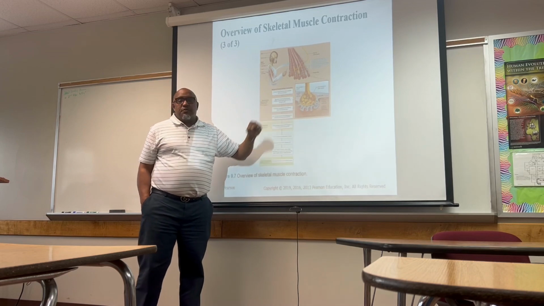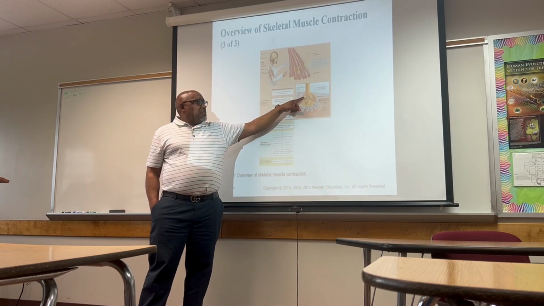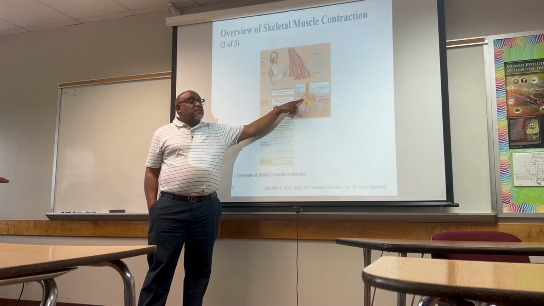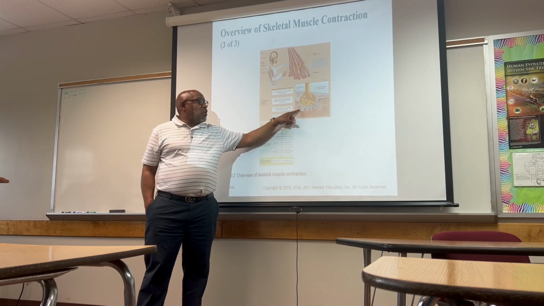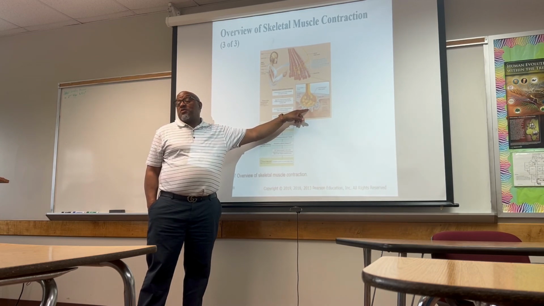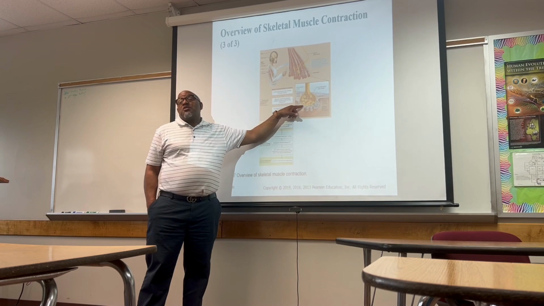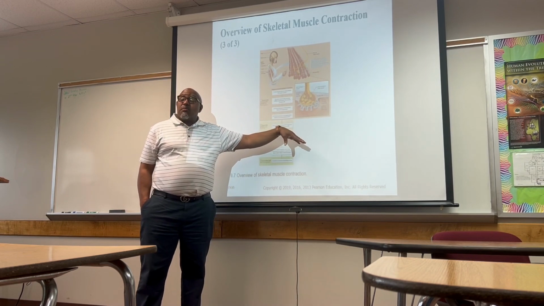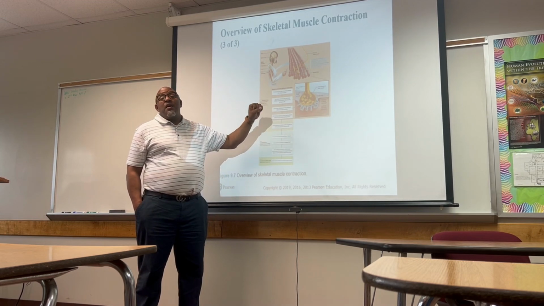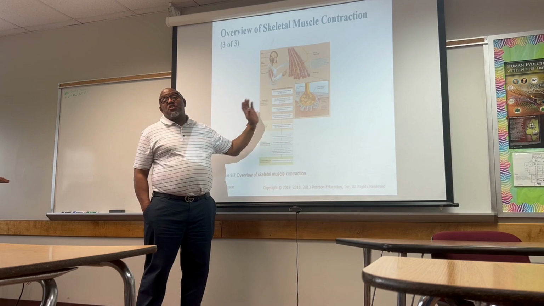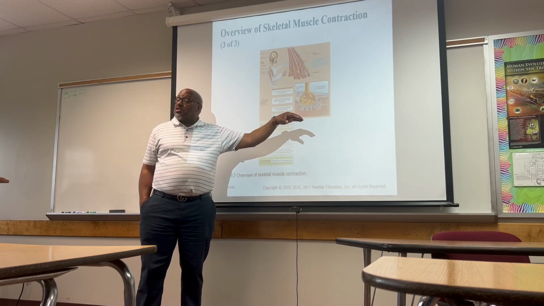What this is explaining gets to the end of the nerve. When you get to the end of the nerve, calcium comes in to the end of the neuron. We're going to explain that in just a minute. Calcium causes the release of acetylcholine. Acetylcholine attaches to the receptors in the junctional folds. The receptors open. Sodium comes into the muscle cell. Sodium causes a change in the action potential. The action potential from the neuromuscular junction spreads around the sarcolemma to the T-tubules.